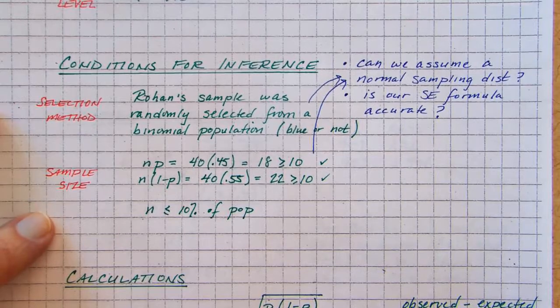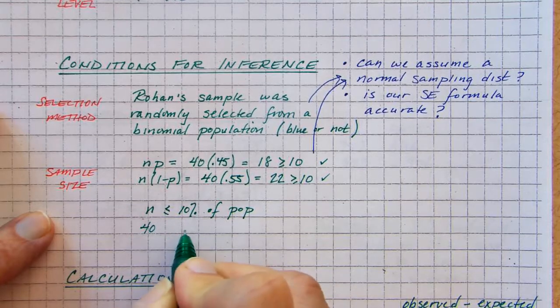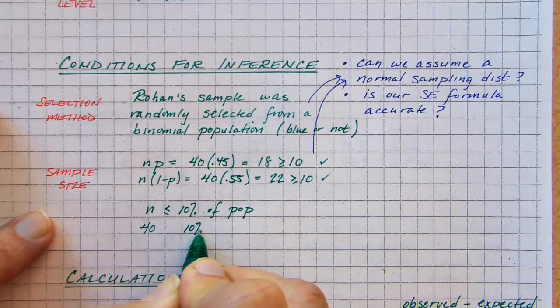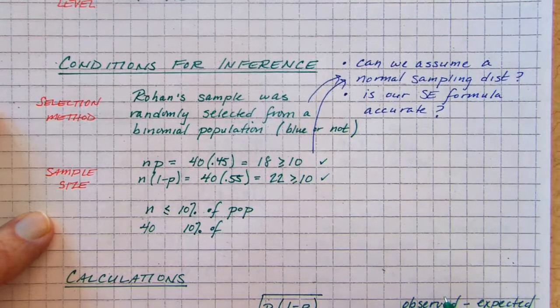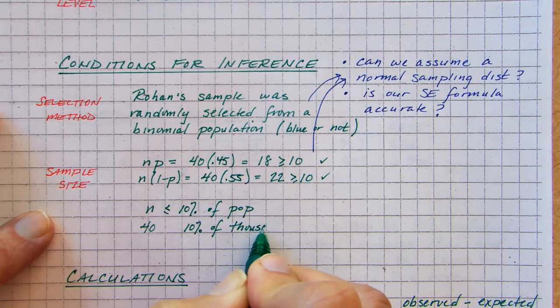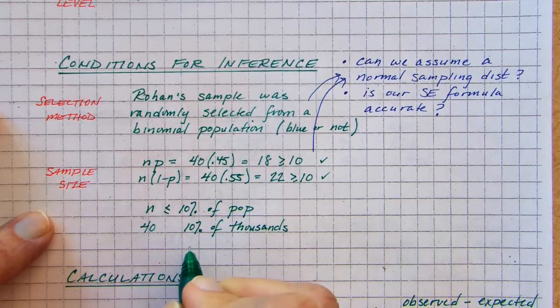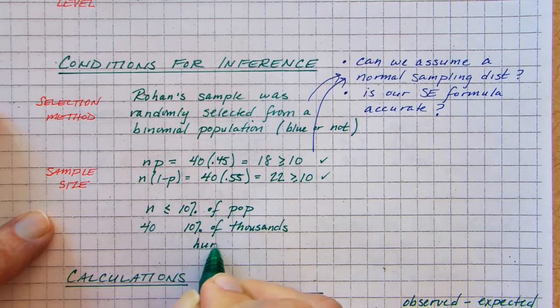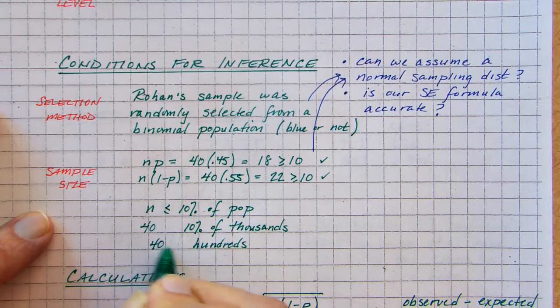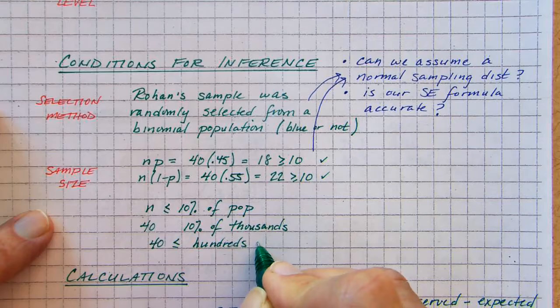We sampled 40 chips, and there were thousands of chips in the box. 10% of thousands would be hundreds, and 40 is certainly less than or equal to hundreds.